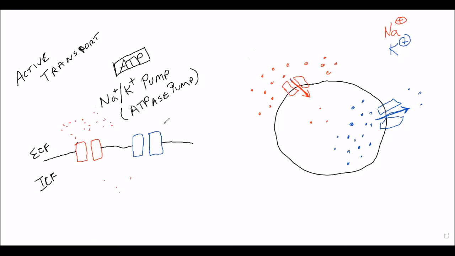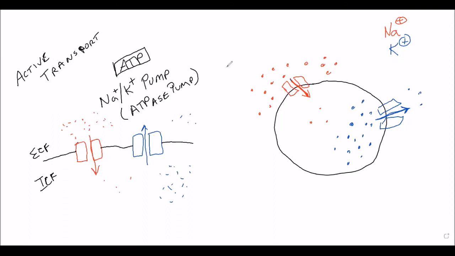We also have more potassium inside than we have outside. But we have a special pump. So normally potassium wants to go out of the cell and sodium wants to go into the cell.